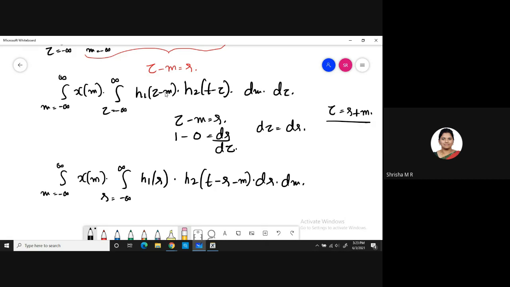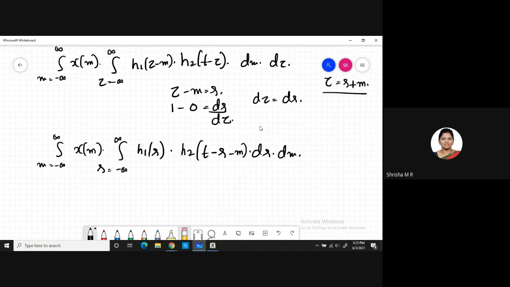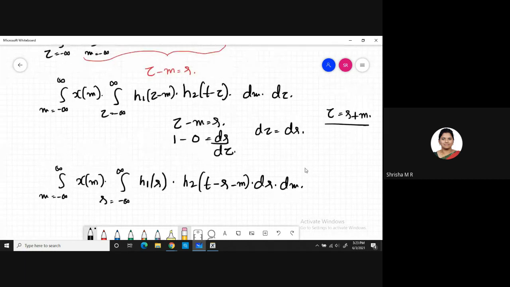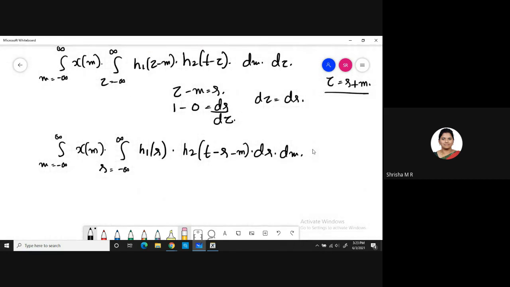Clear? When tau is equal to minus infinity, r is equal to minus infinity. When tau is equal to infinity, r is equal to infinity. Got it? Understood everyone? Here tau minus m we are replacing with r and we are replacing d tau with dr. And in place of tau we are putting r plus m. So t minus of r plus m is t minus r minus m. Clear?